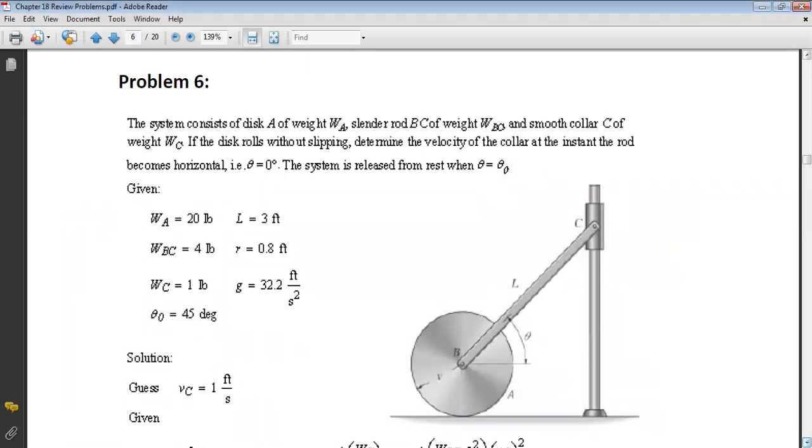The system consists of a disk A of weight WA, a rod BC of weight WBC, and a smooth collar C of weight WC. If the disk rolls without slipping, determine the velocity of the collar at the instant the rod becomes horizontal, which is the case for theta equals 0. The system is released from rest when theta is equal to theta 0.